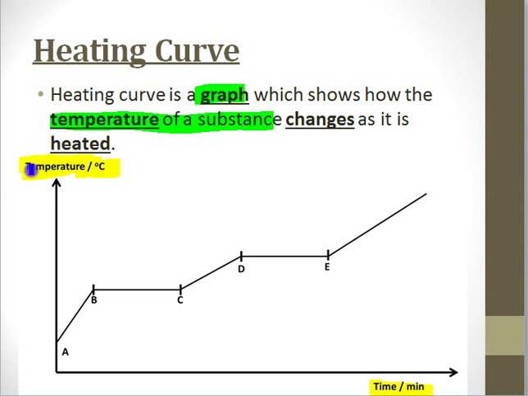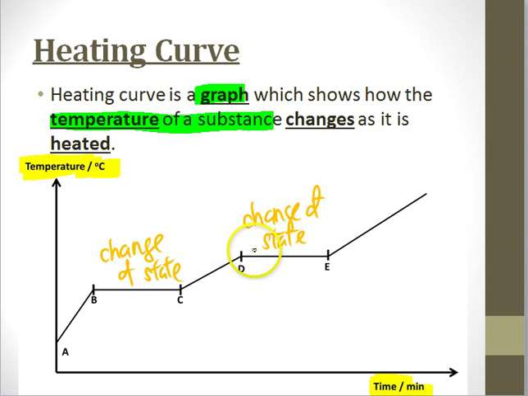Temperature against time. So generally, every time you see a flat line, remember there's a change of state here. You can see another flat line here, there's a change of state over here. Now if you think about it this way, if there are two changes of state, because you only have three states of matter, isn't it?